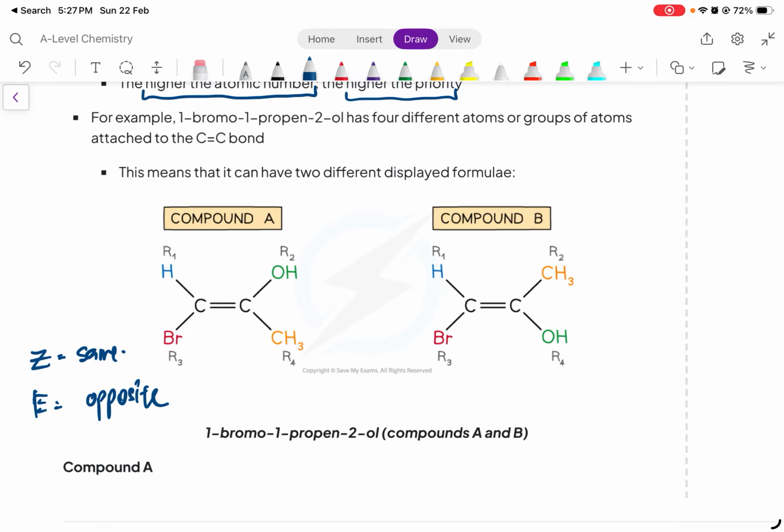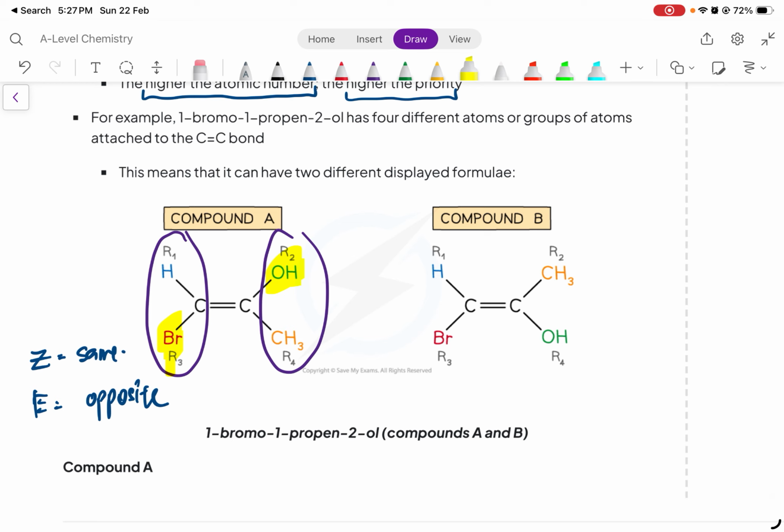So what do I mean by that? We have to look at R1 and R3, R2 and R4. Between R1 and R3, which one has a higher atomic number? This one does. Bromine has a higher atomic number, and in R2 and R4, oxygen has a higher atomic number compared to carbon.